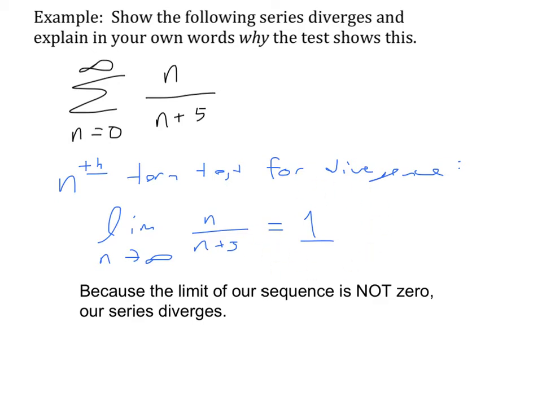It might be 0.999, it might be 1.001, but the important part is, as I am going on and on and on, I am continuing to add a number that's close to 1. And when you add a number close to 1 infinitely many times, you don't converge. You get closer and closer to infinity. And that's why the nth term test helps us to conclude that our series here diverges.